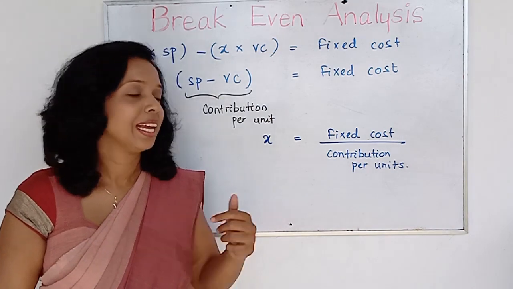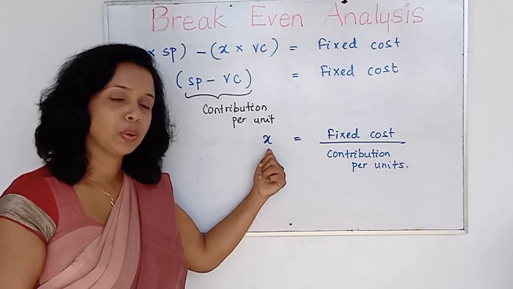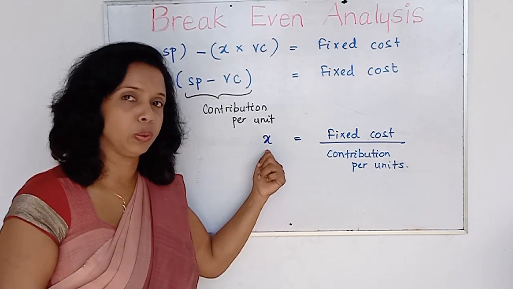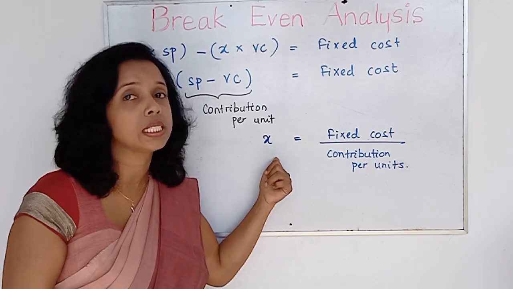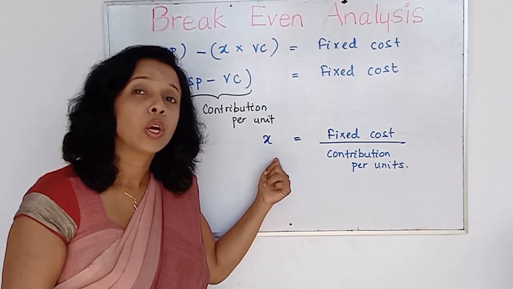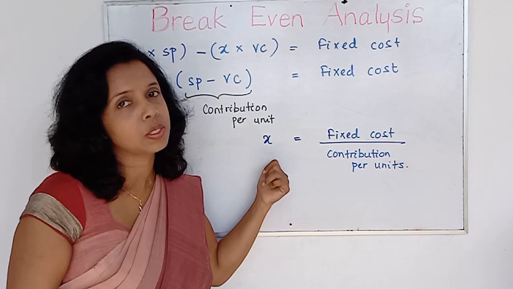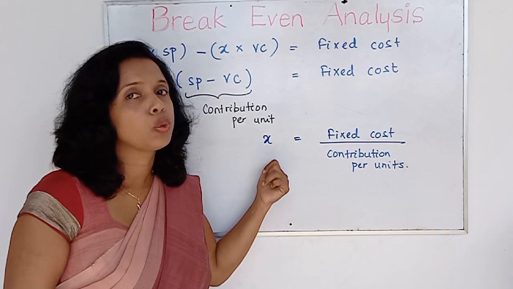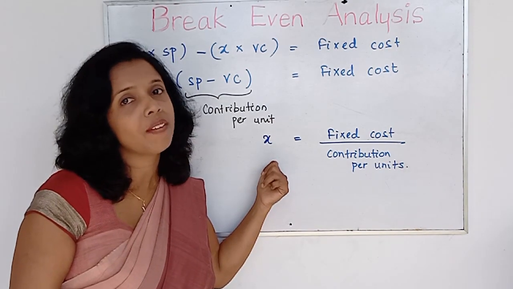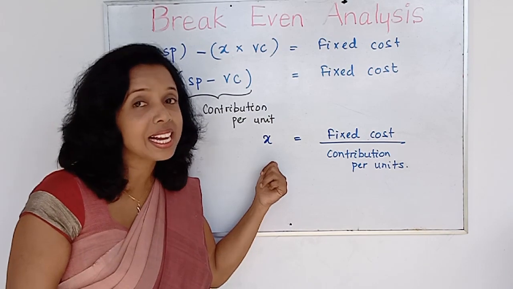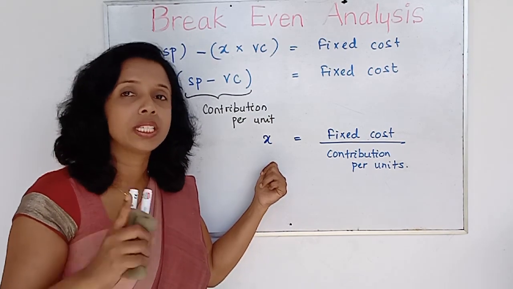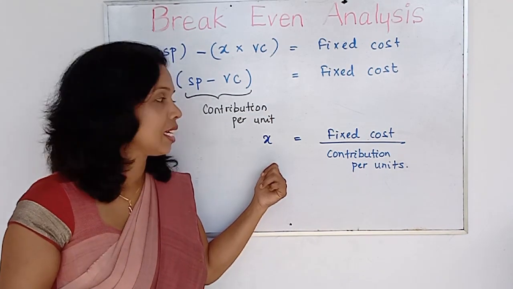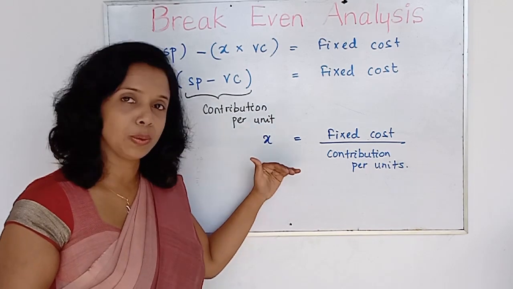Now tell me, X, or the number of units we produce, or else the number of units we sold to cover all our expenses, or else to achieve the point where we don't have any profits or loss, or else technically to achieve the break-even point. How can we calculate it?